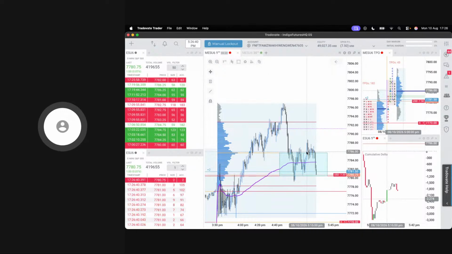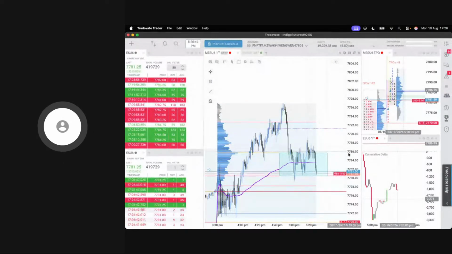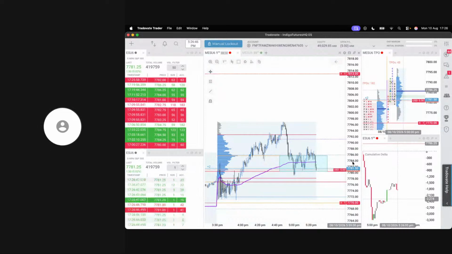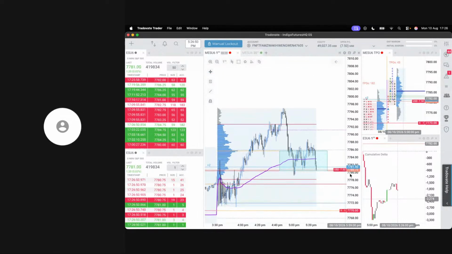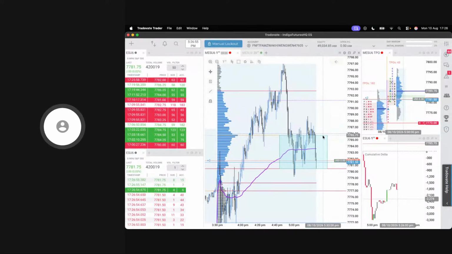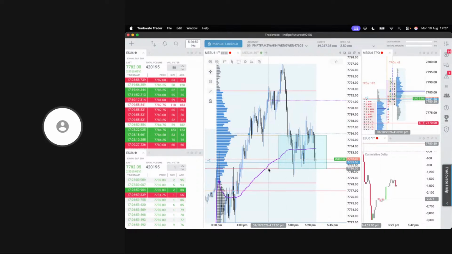Yeah, so look, failed break above overnight value area highs, so it is leaning a little more bearish, right? What's going to determine how the rest of this trade goes, as I said, is how we react around the previous day value area high.